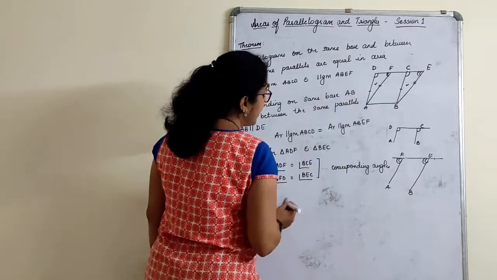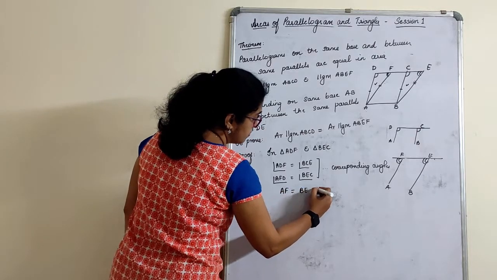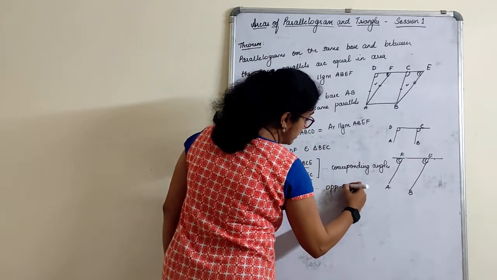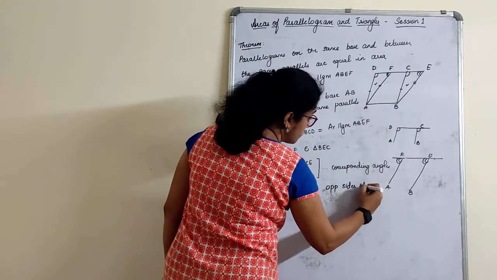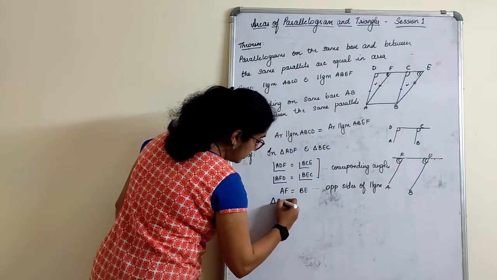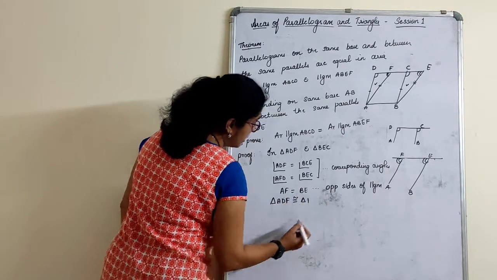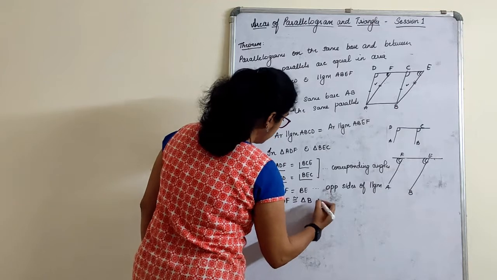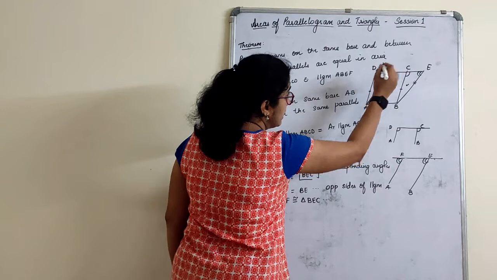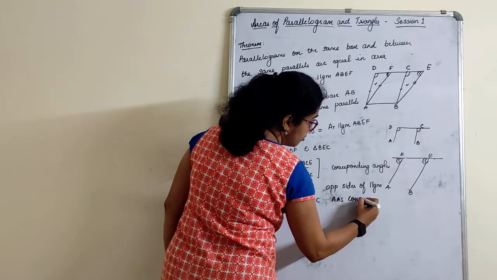Any one side you can choose, it's up to you. AF is equal to BE. Reason: opposite sides of a parallelogram. Therefore, triangle ADF is congruent to triangle BEC by the AAS congruence rule.